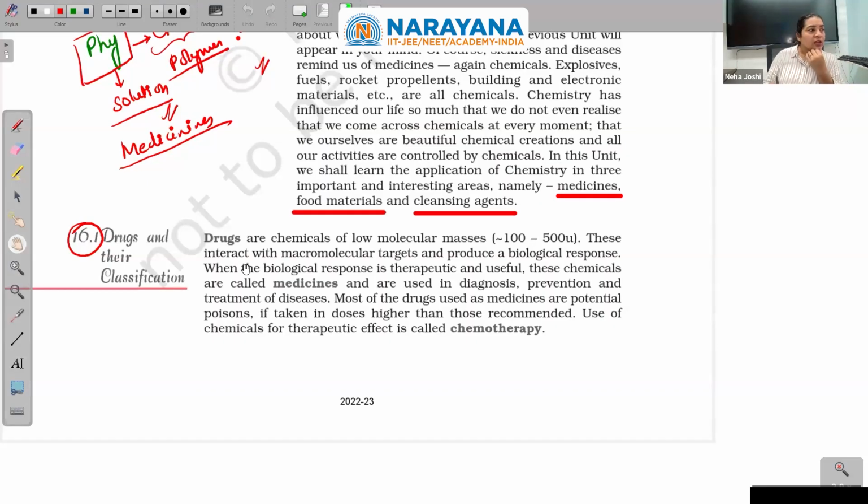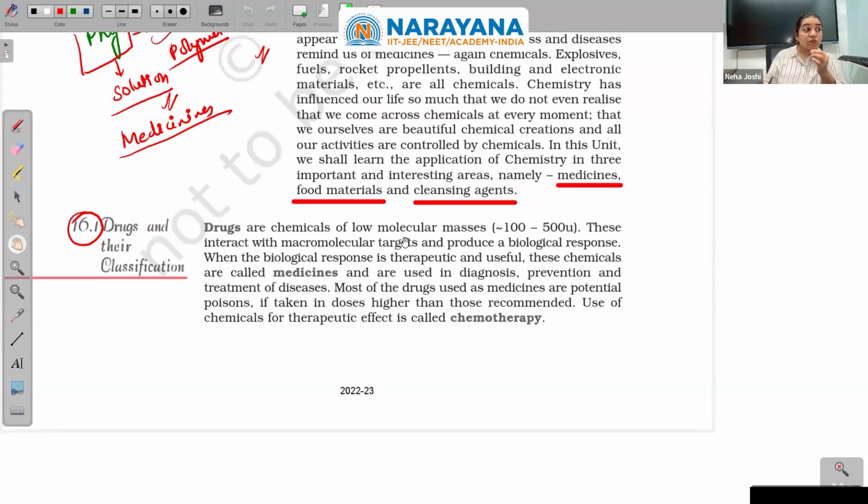So drugs are chemicals of low molecular mass, 100 to 500 units. These interact with macromolecular targets in a large way and produce a biological response. When the biological response is therapeutic and useful, these chemicals are called medicines.